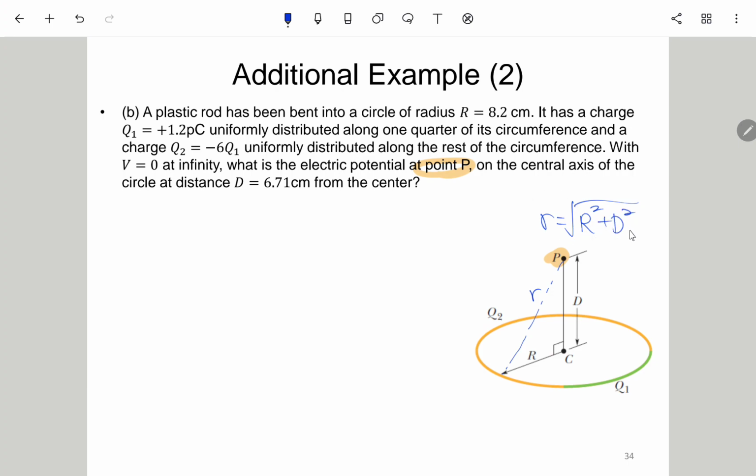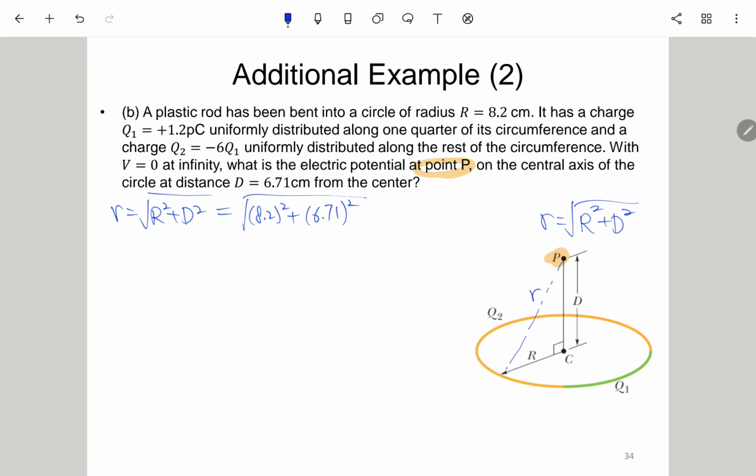So we have r equals square root of capital R squared plus d squared, which is 8.2 squared plus 6.71 squared, and then take the square root.